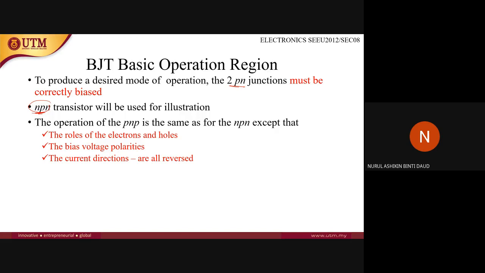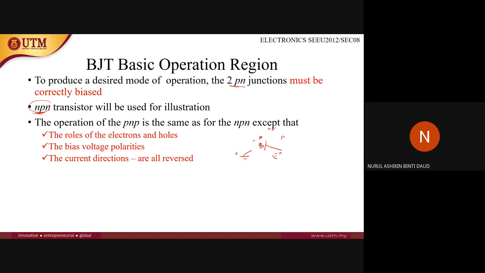The bias voltage polarities might be connected the other way around compared to the NPN. For NPN, at the base-emitter, since this is NPN, it is connected with positive and positive.